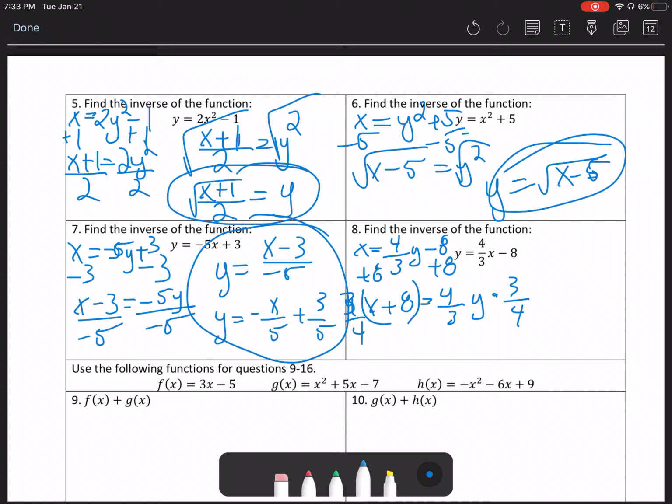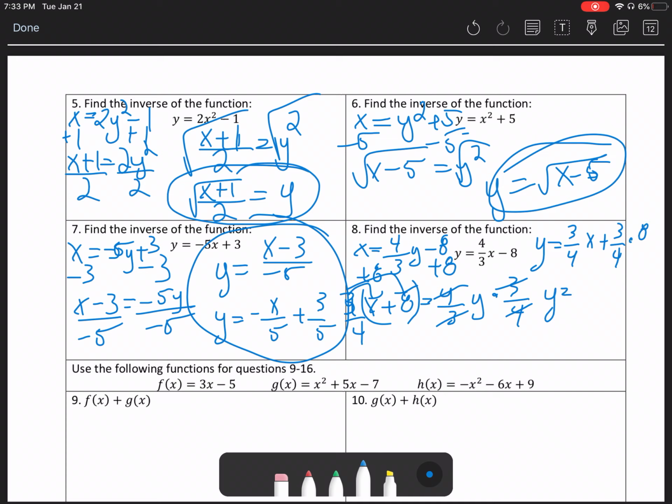Okay, the biggest mistake that students make is they don't remember to do distributive property. What multiplying by 3/4 does is it gets rid of dividing by 3, it gets rid of multiplying by 4. So I'm just left with the y on this side. Then I do distributive property. It's going to be 3/4 times x plus 3/4 times 8.